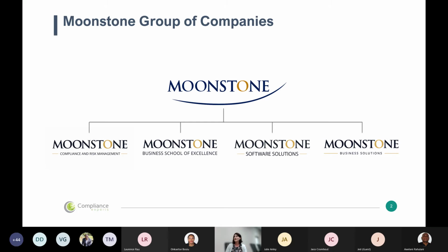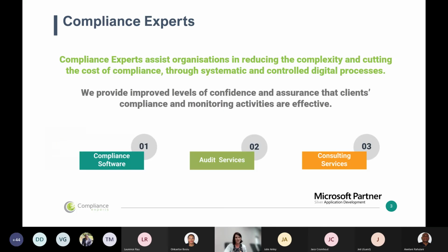Moonstone has been a trusted advisor in the financial services and credit industries since our inception in 2000. Through the companies in our group, we currently deliver the FSCA regulatory examinations and offer compliance services, training and qualifications, and many other business and software solutions.